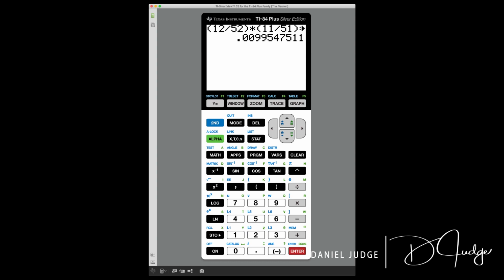Here we go. So we get 0.0099547511. This is what our calculator says.